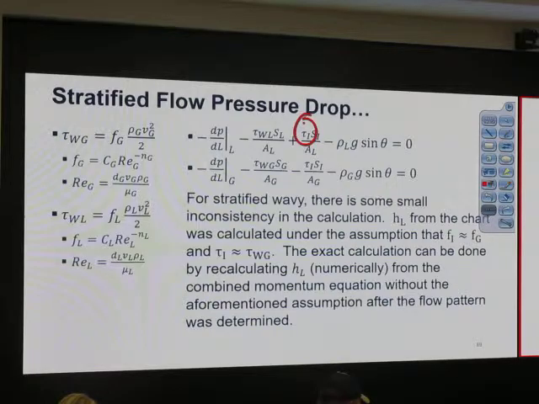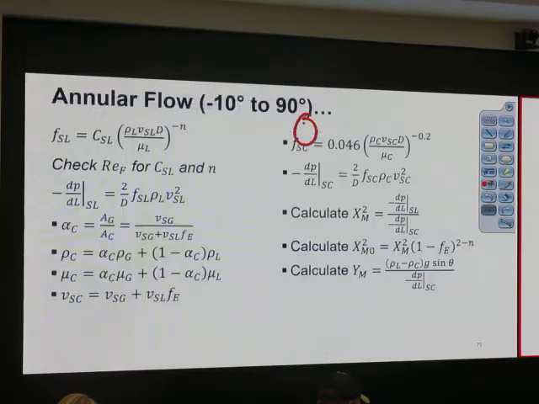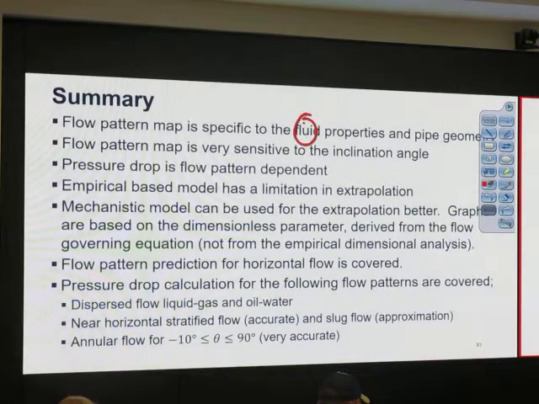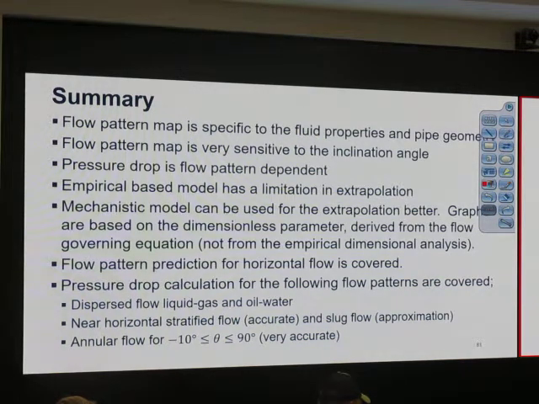So in conclusion, we learned about flow pattern, how it looks like, and we learned that the mechanistic model is more accurate than the pure empirical model. Okay, and you know how to read the graph, capital F, capital T, H tilde, that thing.